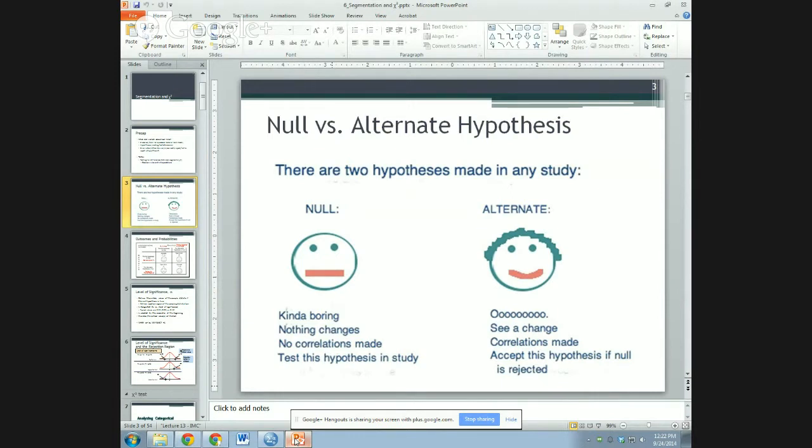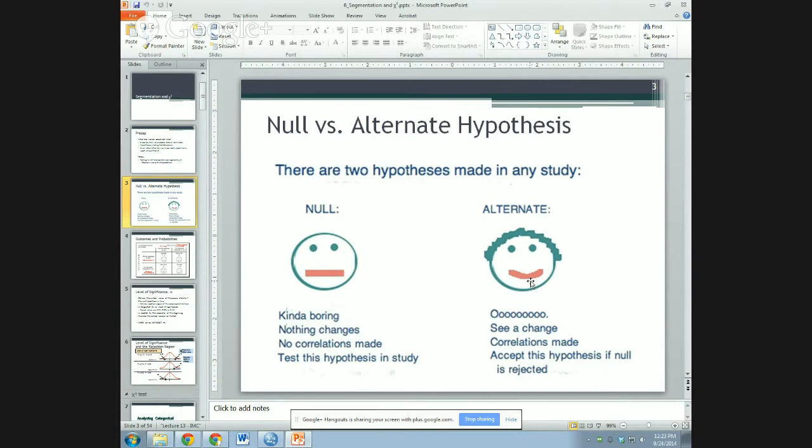And if we falsify the null hypothesis, and we talk about falsification as a way of determining what's left, then typically we assume that we can find evidence in support of an alternative hypothesis. And as you can see here, in an alternative hypothesis, we see changes, we see correlations, we see that two variables are linked, or that there are differences between two variables.